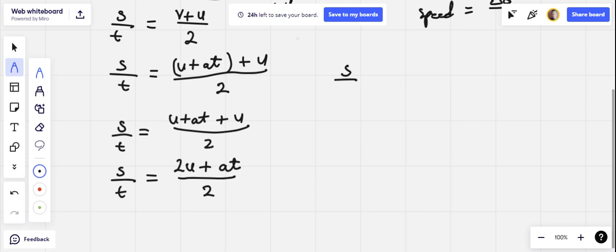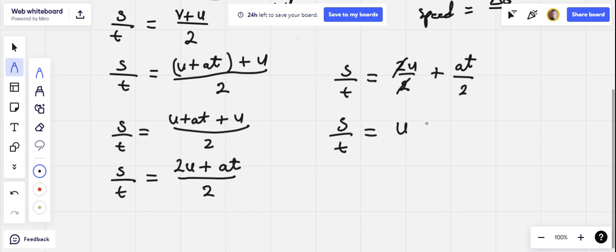So s over t will now equal 2u over 2 plus at over 2. And that shows you that this denominator was their LCM, the individual fractions you can get from here. So the 2 here will cancel the 2 here. So we have that s over t equals u plus, I have at.